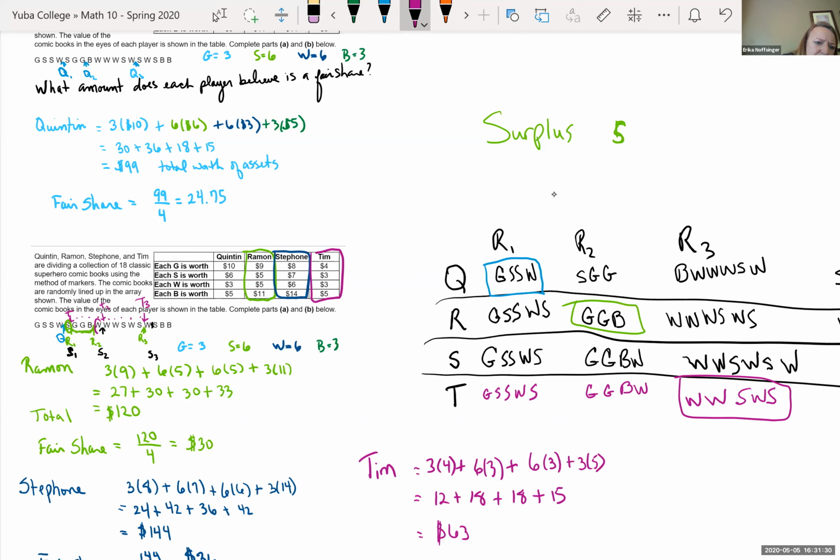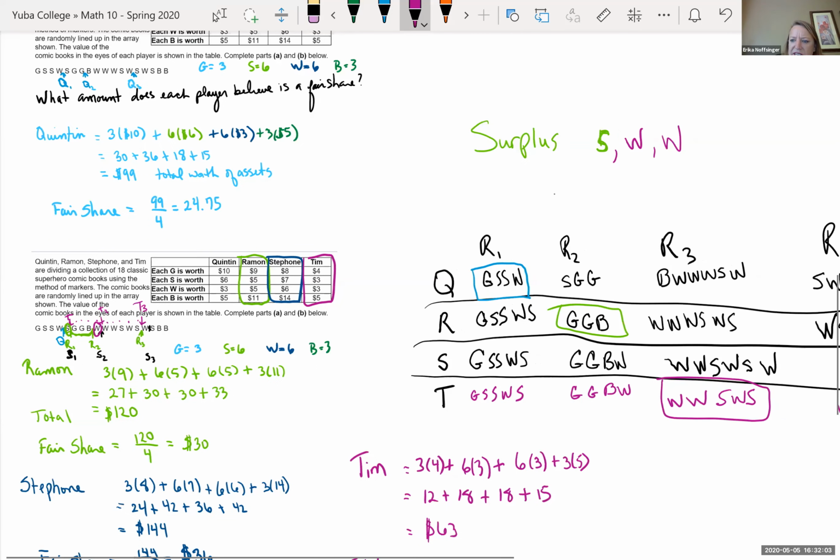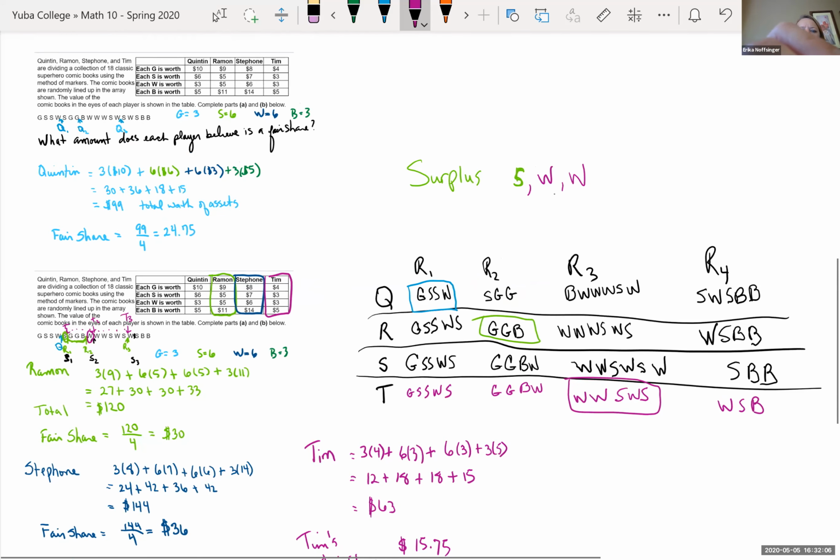Notice there's one W in between here that didn't get picked up, so you have a W here that is extra. Now looking between Tim and Stefan, Stefan placed his third marker after this W and Tim placed it over here. So we have another W that is extra. And so Stephen is going to get what he had for round 4, which is SBB.